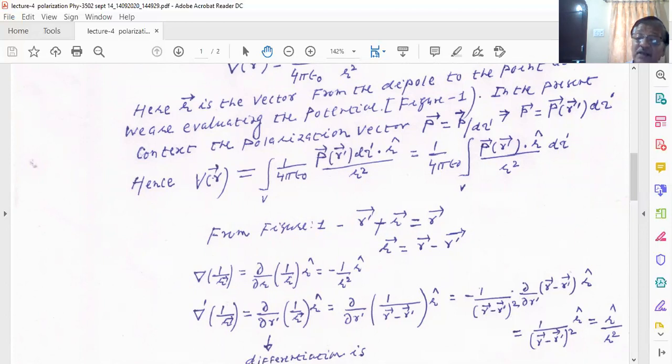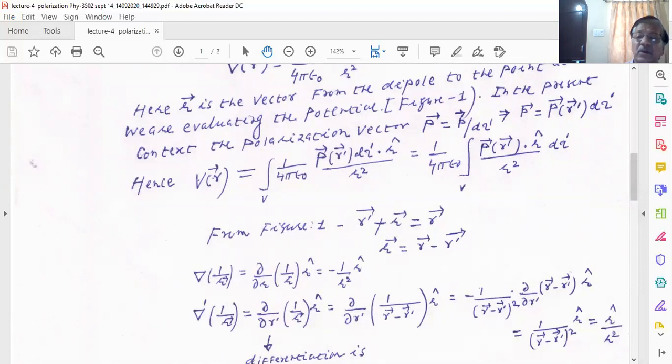So this factor is giving you 1 upon r minus r prime whole squared in the direction of unit vector r. And r minus r prime is again vector r, so it is r squared. So please remember that del prime operating on 1 upon r is given as unit vector r over r squared.